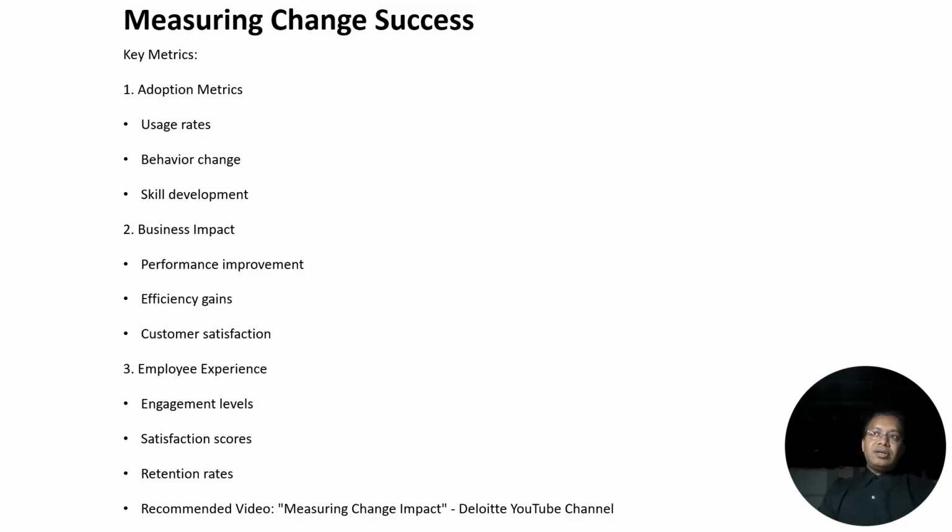Behavioral change. Are employees much more productive? Do they showcase greater energy, greater involvement, more engagement in organizational meetings and activities? The behavioral change is a very important metric of how successful we were in implementing change. Skill development. Do organizational members have the right set of skills, not just for current jobs but also future jobs?